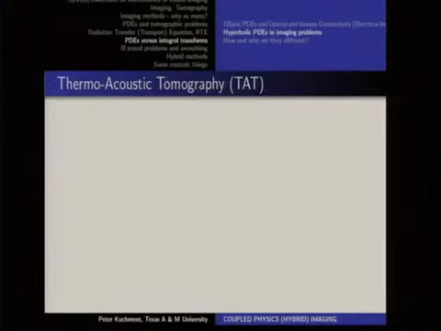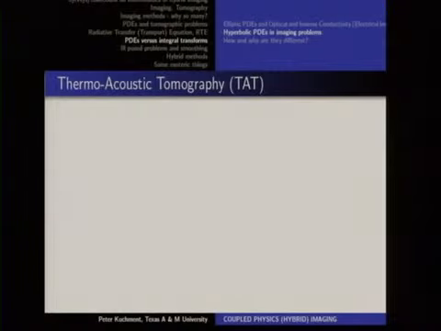So what is the idea of a hybrid method? The idea is to try to combine different physical techniques of scanning, different types of waves, to produce better reconstruction results. Combination can be done on three different levels. So what you do, you first of all do something physically.